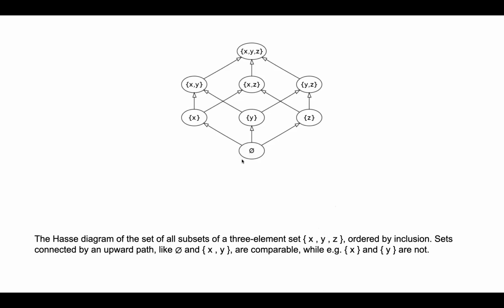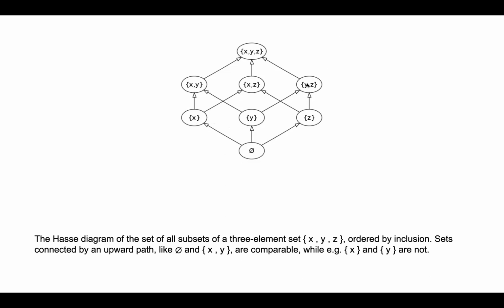Phi is there, the null set, and then in the upward direction we are moving. Singleton sets are there: set X, set Y, and set Z. Then again combining the relations: from X and Y, XY is there.